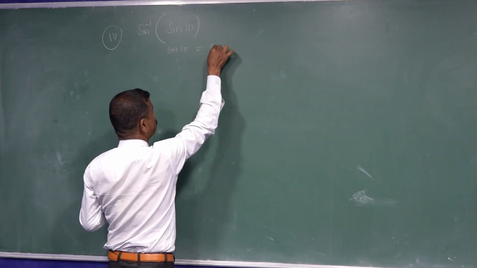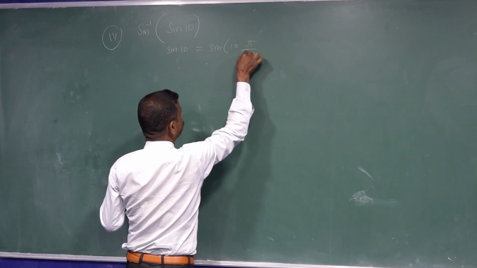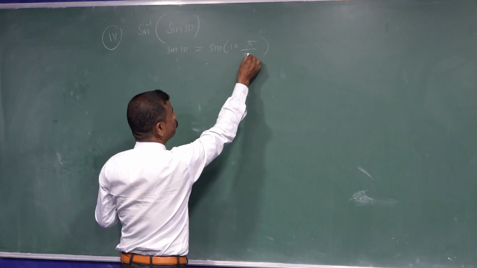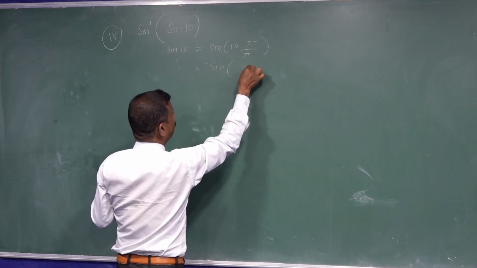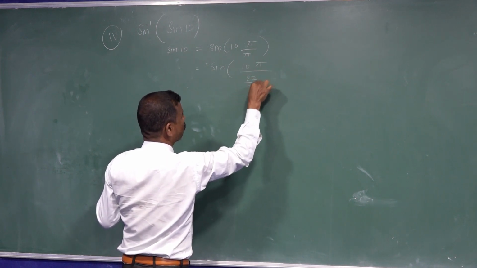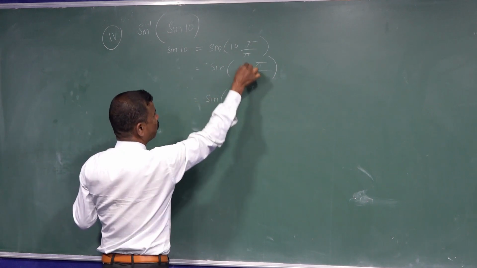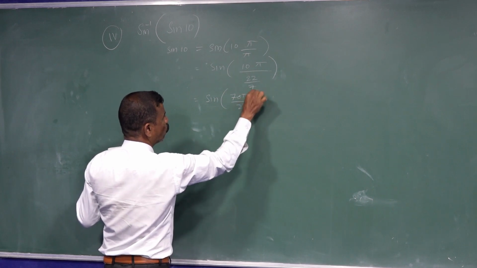This is written as sin of 10 into π by π, multiply by π divided by π. After this, sin of 10π/π, where π is 22 by 7. After this, sin of 7 into 10π by 22.